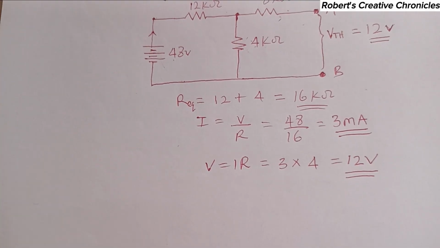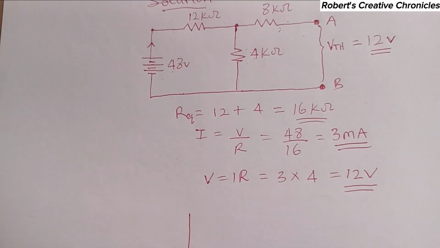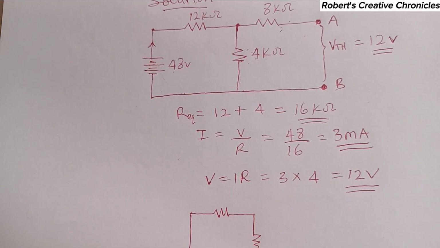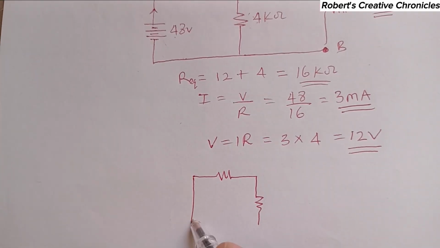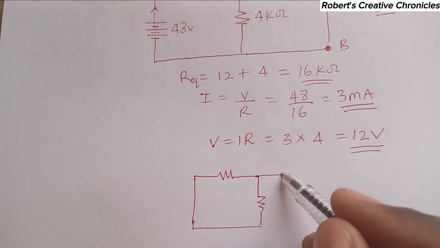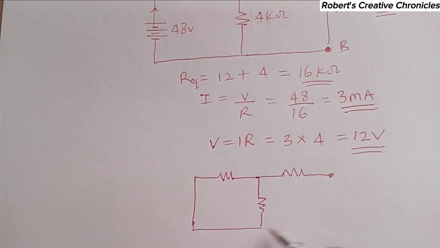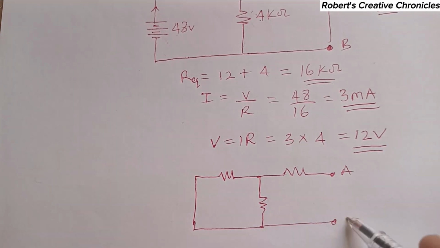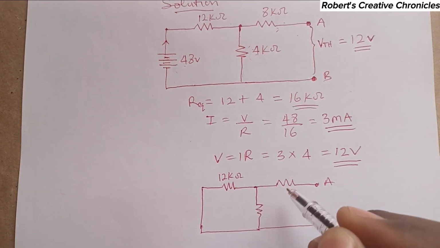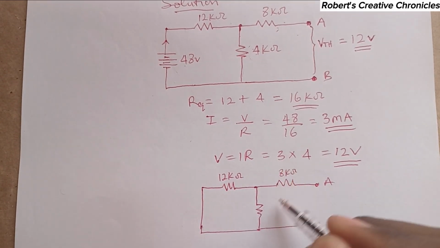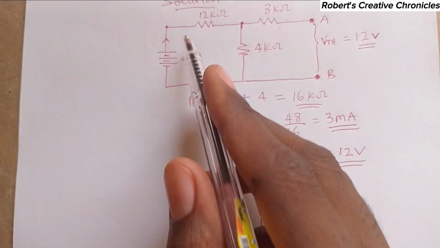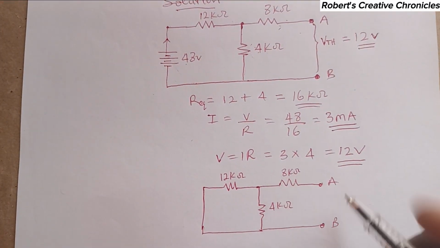It becomes 12 kilo ohm, 8 kilo ohm, 4 kilo ohm. And this voltage source has been short circuited. If there were a current source, we could have open circuited it.